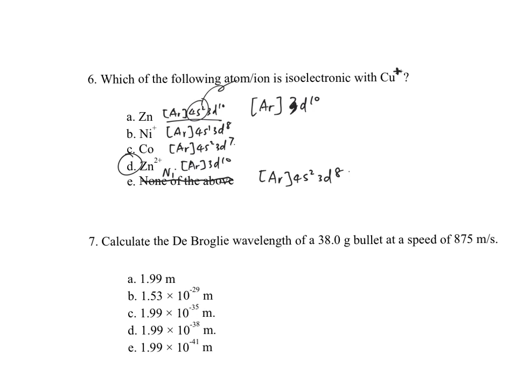They have the same number of electrons, but not the same electron configuration. Isoelectronic, as we stated in our class, means the same electron configuration. They're clearly not the same, and therefore nickel is not isoelectronic with the copper plus ion.